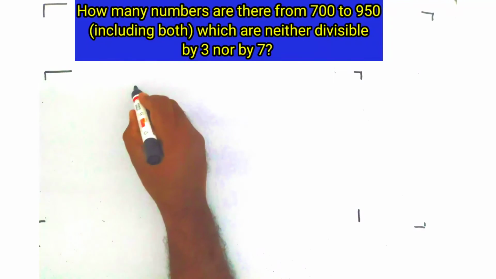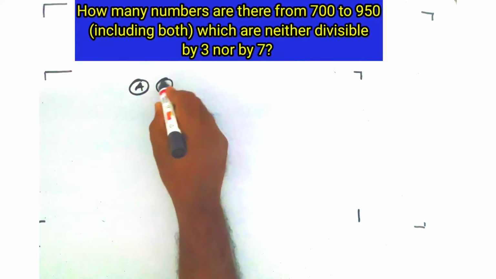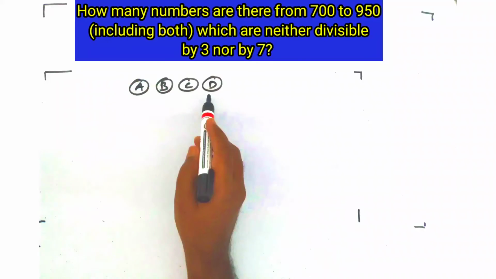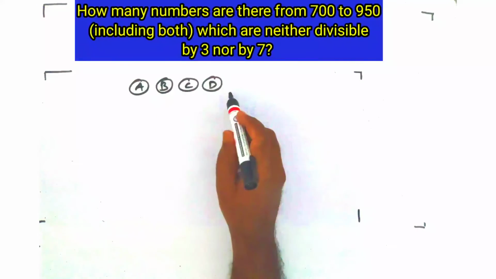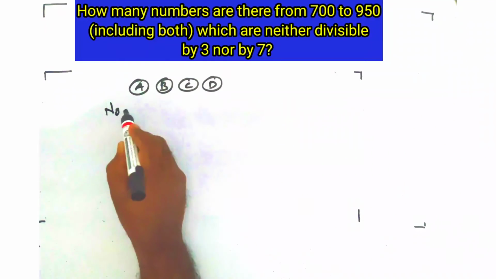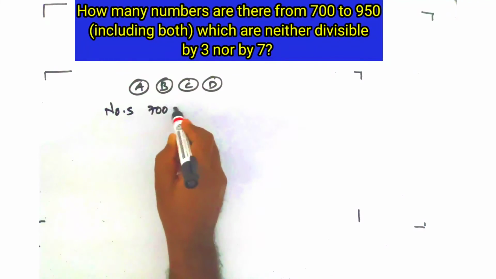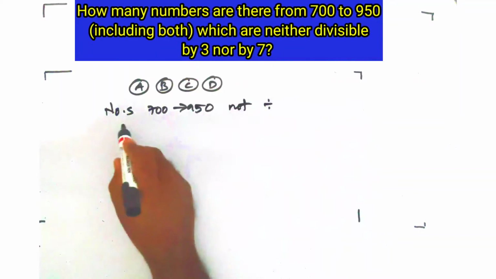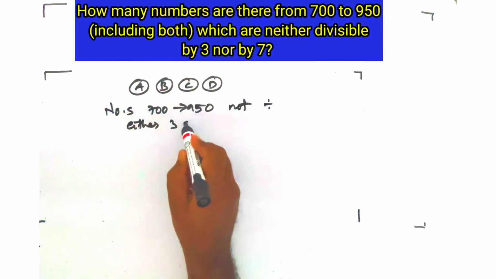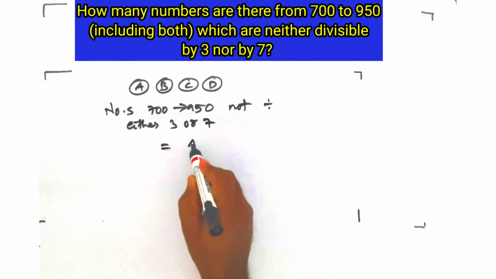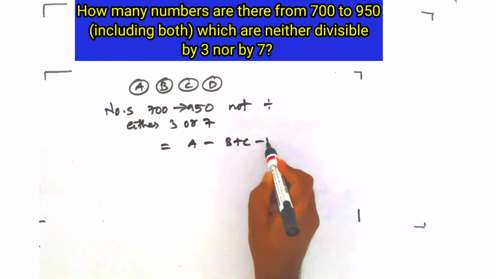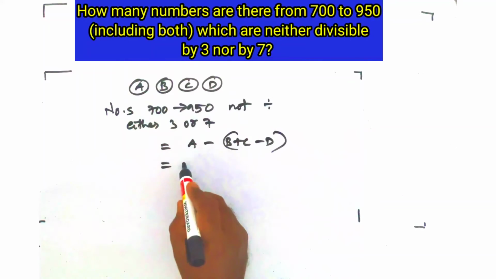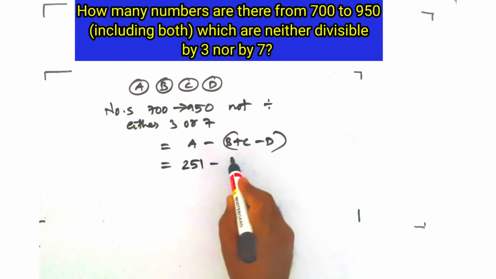As we planned at the start of the problem, we have A, B, C, D. All we have to do is apply the values of A, B, C, D in the equation. So the number of numbers from 700 to 950 which are not divisible by either 3 or 7 is equal to A minus B plus C minus D. The total numbers from 700 to 950, A, is 251.